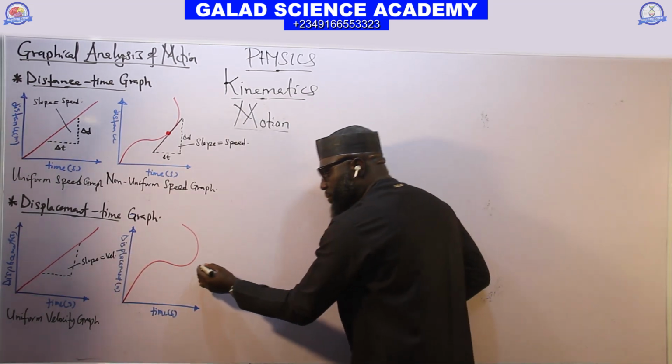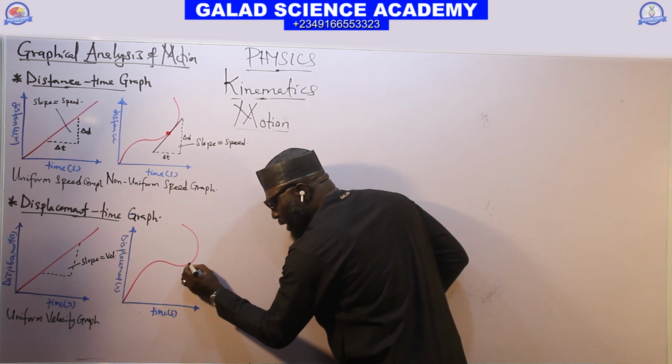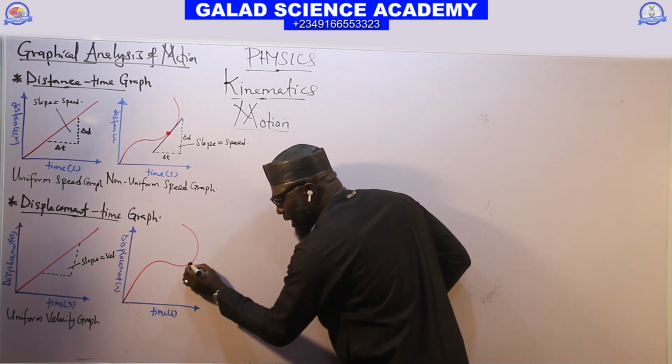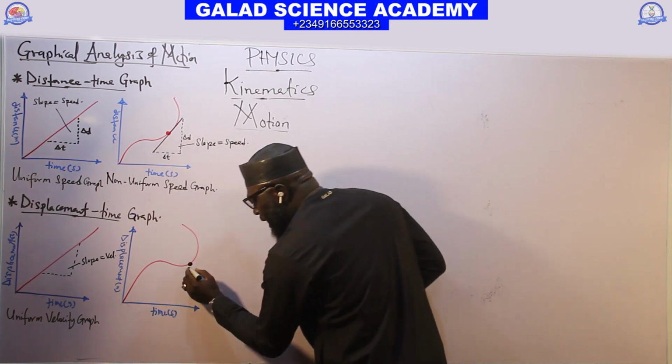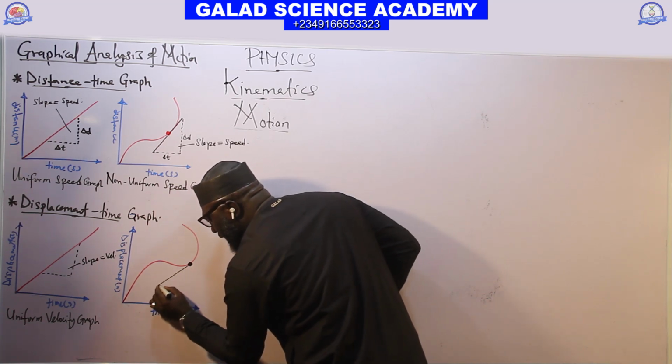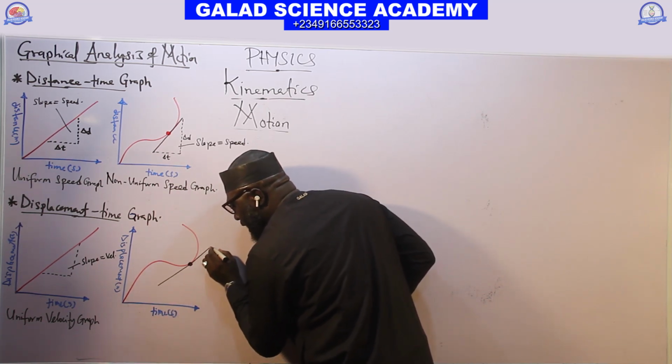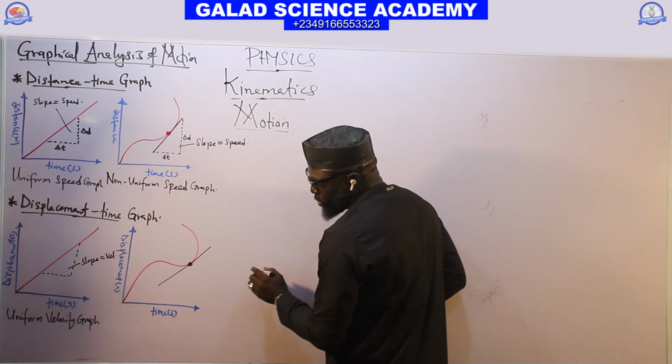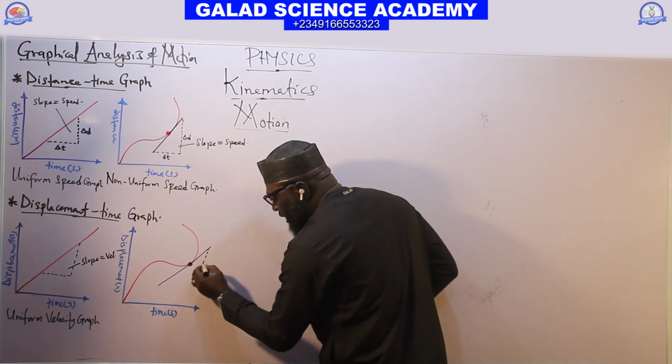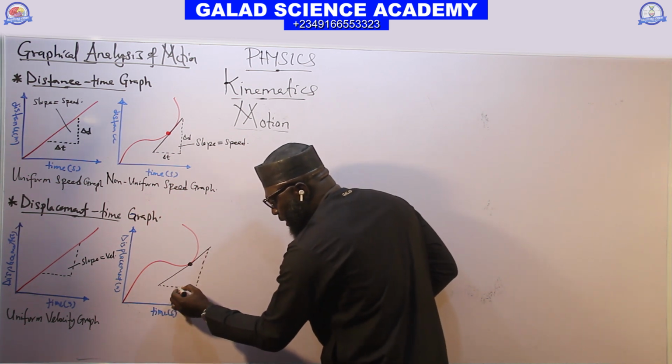But here, to know the slope of the curve, you can pick any point here. At the point you pick, you will draw a tangential line which will touch the curve. You trace it like this.